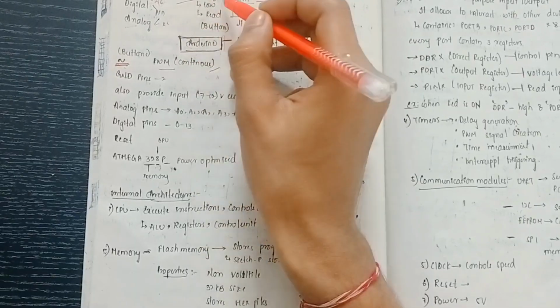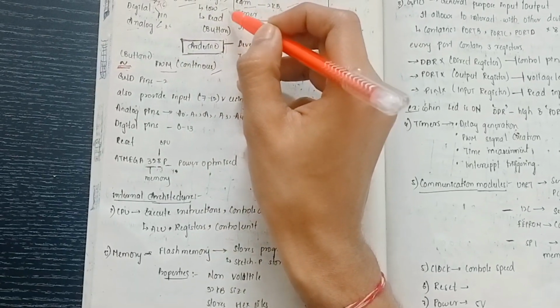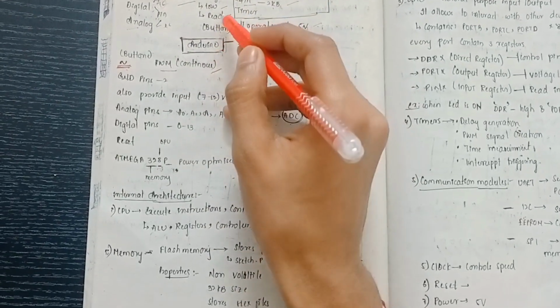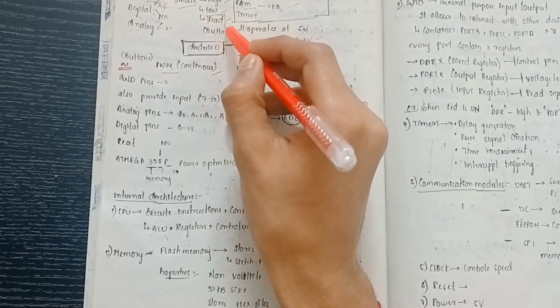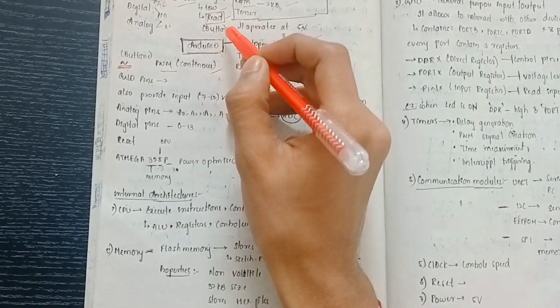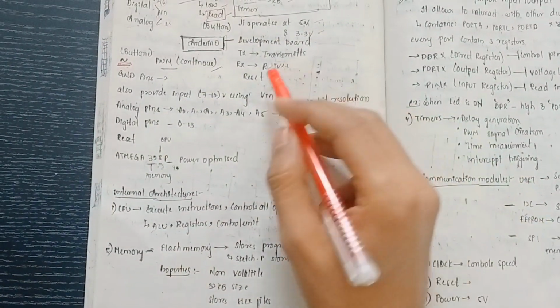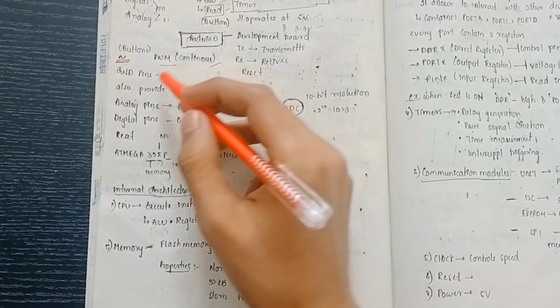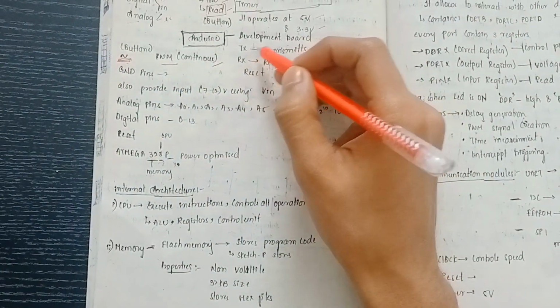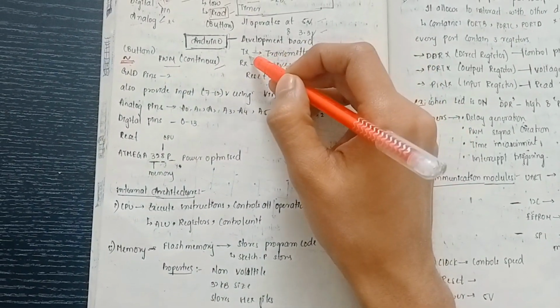Arduino possesses 3 modes: high mode, low mode and read mode. Read mode depends on the input. There are some functional buttons.